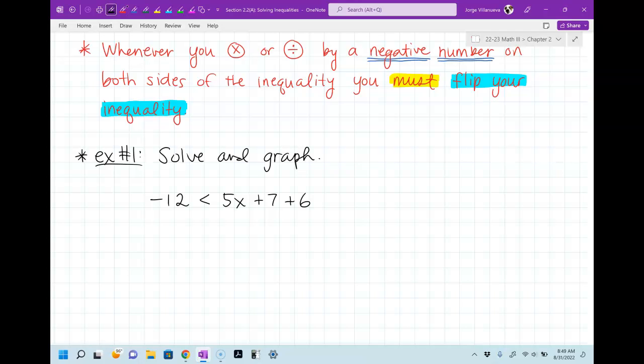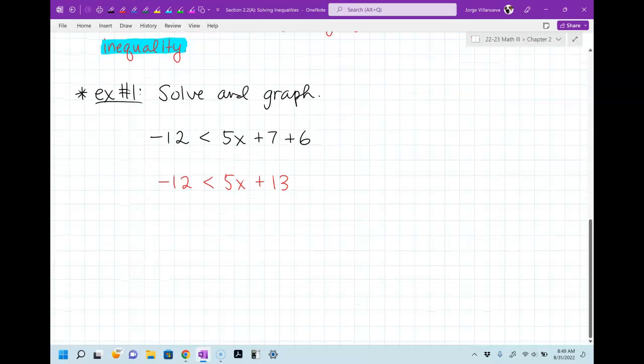We're going to kind of pretend it was an equal symbol, but it is a less than. But we're just going to work on it like normal. So I'm going to rewrite negative 12 less than 5x plus 13, right? 7 plus 6 is 13. Now I'm going to try to solve for x. There's a 5 that's multiplying it, but that 13, I need to get rid of. So let's move it over to the left side by subtracting it. So minus 13. That gives me negative 25 less than 5x.